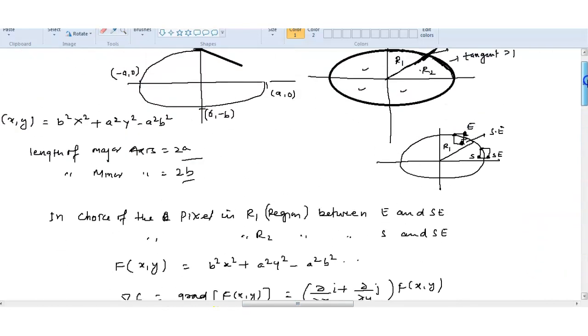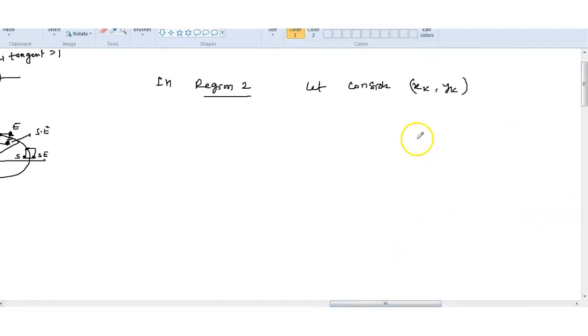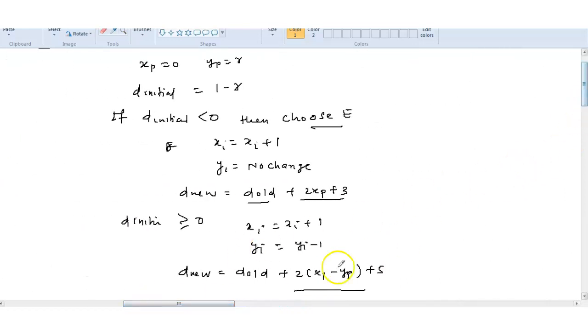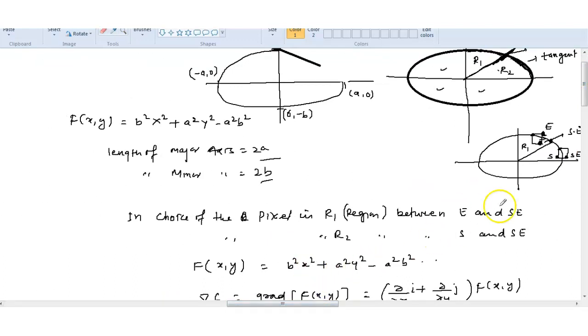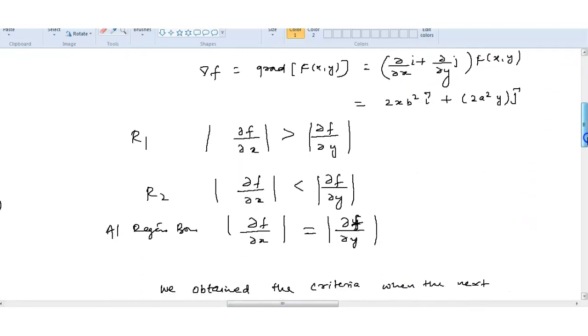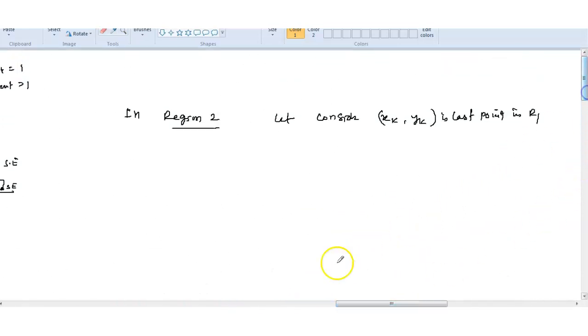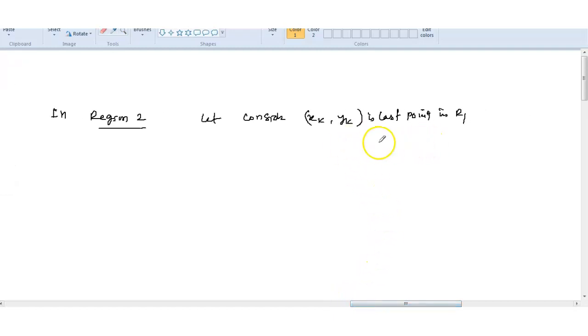Now we switch to the region R2. Consider this xk and yk as the last point in region R1. This one is the last point considered here in region 1. Now it is entering region R2 by checking the conditions given here.